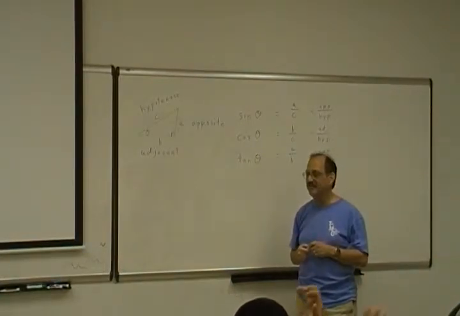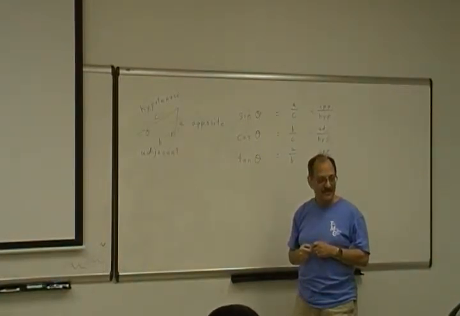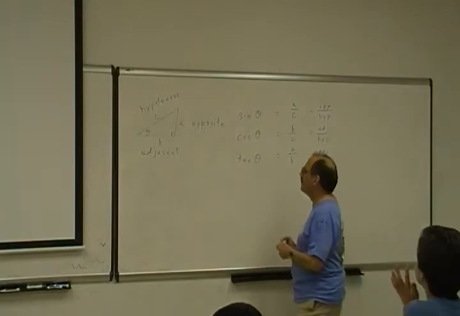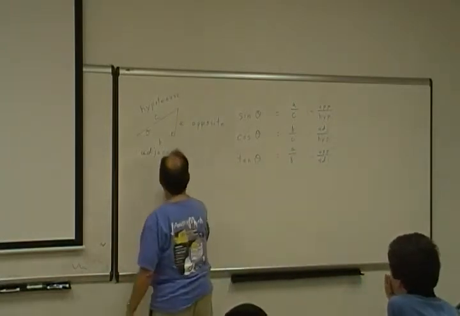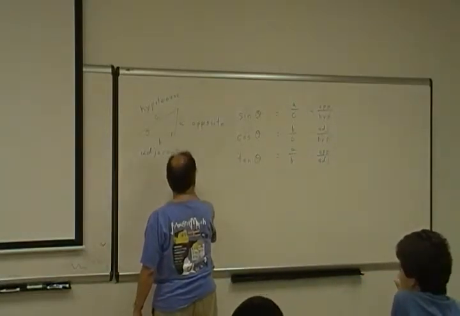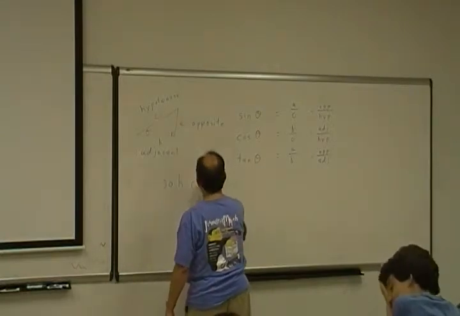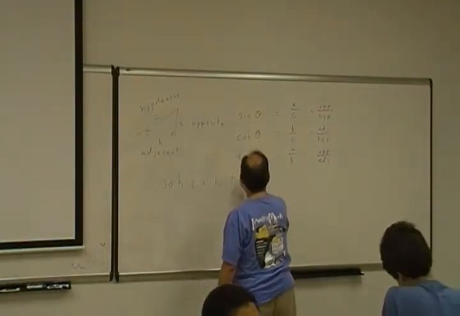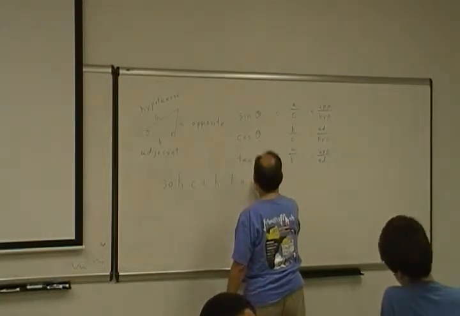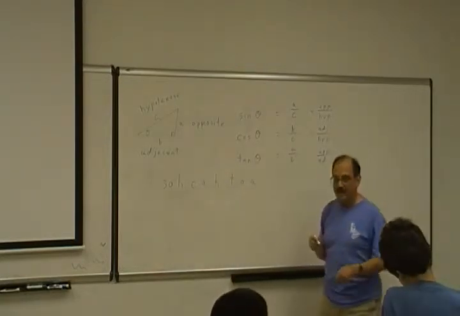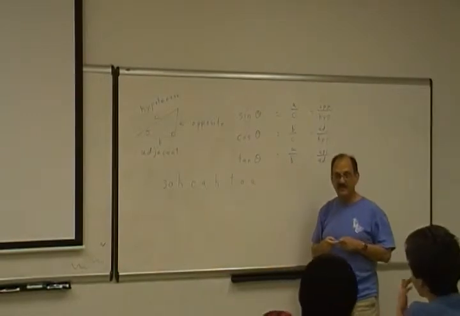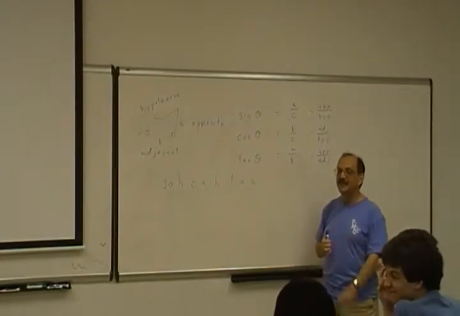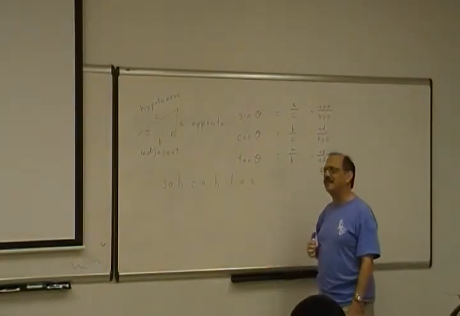Something you use to help remember math. Right. Sine, opposite over hypotenuse. Cosine, adjacent over hypotenuse. Tangent, opposite over adjacent. Anybody pronounce that? SOH CAH TOA.